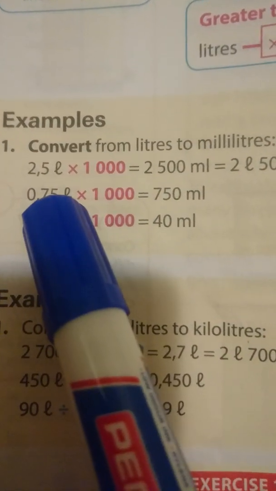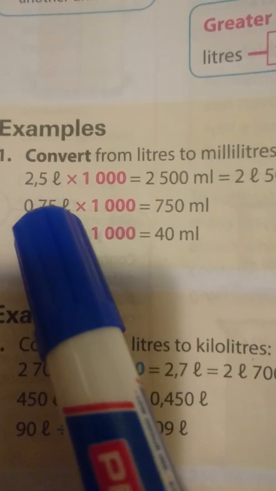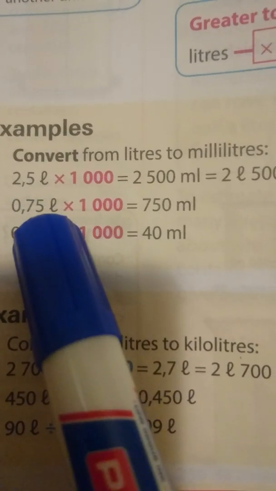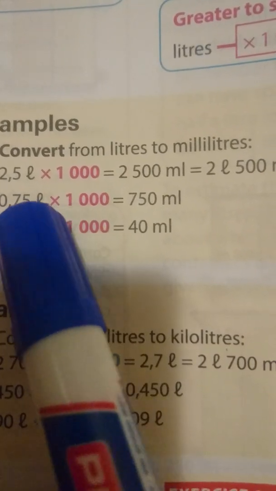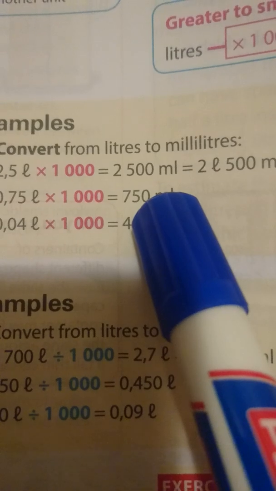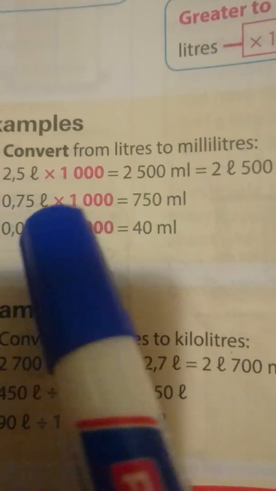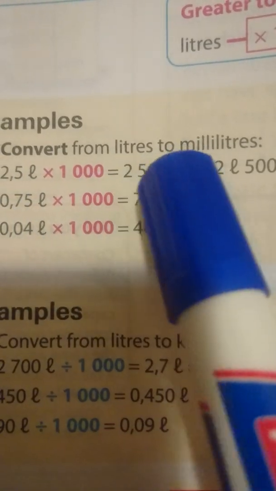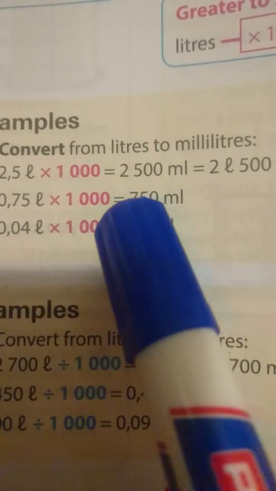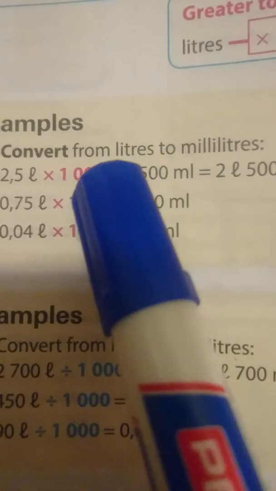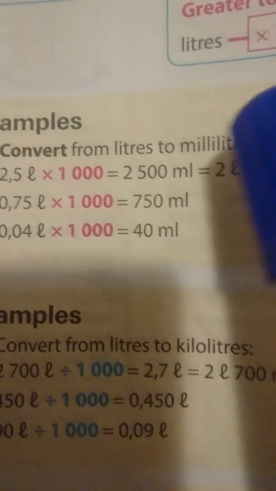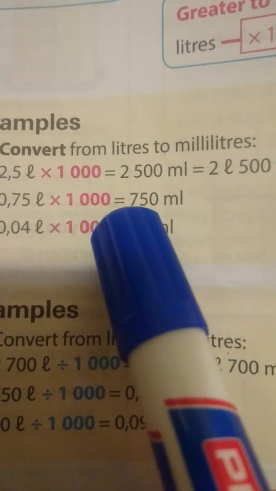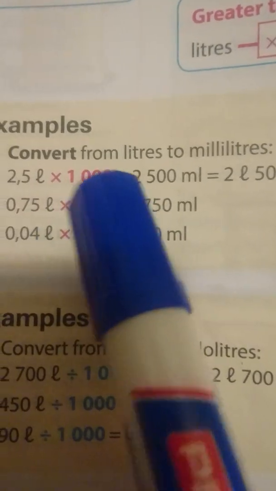In this example here, we have 0.75 liters. We have to times it by 1,000 to get it into milliliters. Now, if you remember, I told you that when we are timesing a number by another number with 1 and zeros, we always move the decimal place to the right according to how many zeros we have. So here we have 3 zeros.